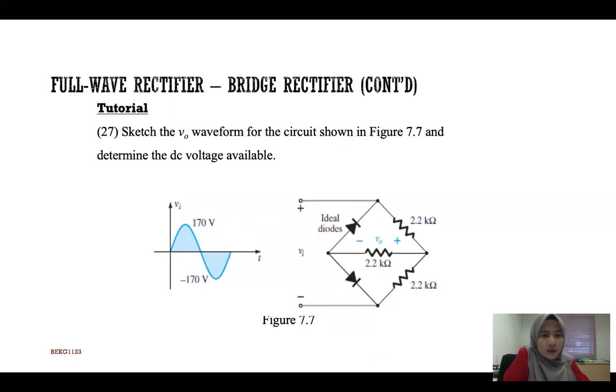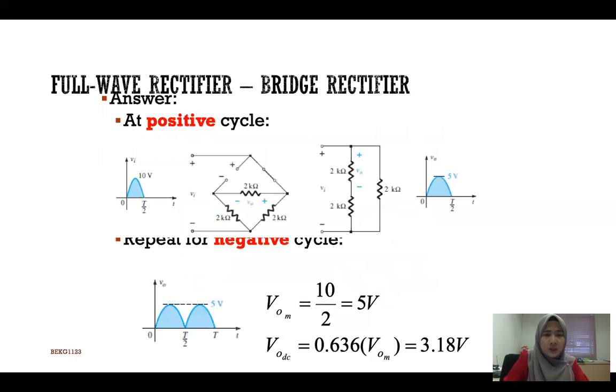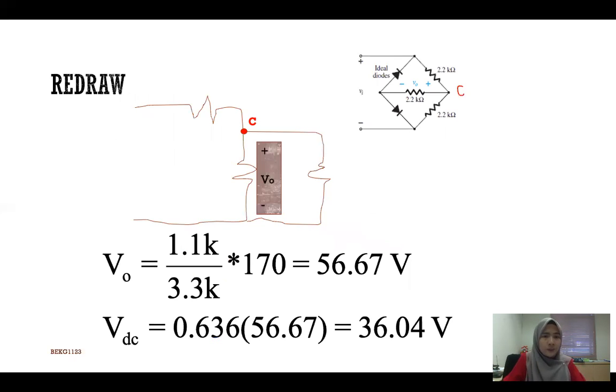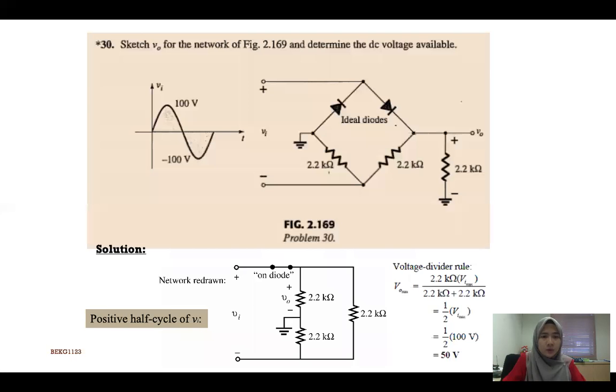So if you look at here, the question asks you to sketch the V0 waveform for the circuit in figure 7.7 and determine the DC voltage. Actually, how to solve this one is similar to this one. Okay, you need to do it step by step. First the positive cycle and then the negative cycle. And then you can calculate for the V0 and also the VDC. Same for this one. And same for this one.